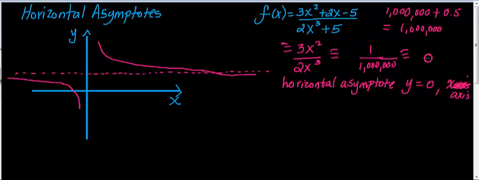Okay, because this approaches a value of 0, so y approaches 0 when we're thinking about very large x values, and that becomes your horizontal asymptote.